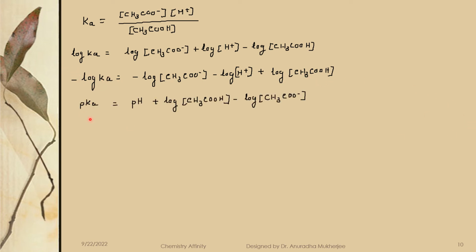Minus log Ka means pKa, minus log H plus means pH. So pKa equals pH plus log acetic acid minus log acetate ion. So pKa equals pH plus log of the concentration of acetic acid divided by the concentration of acetate ion.